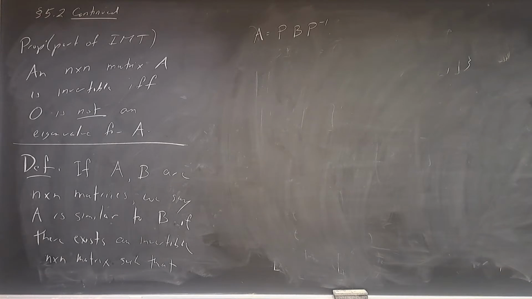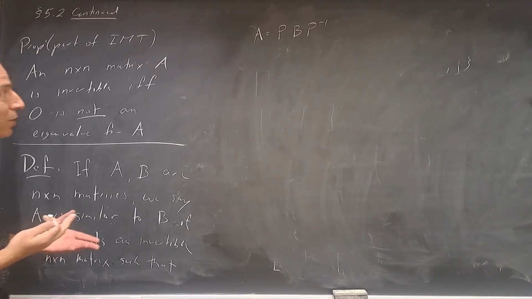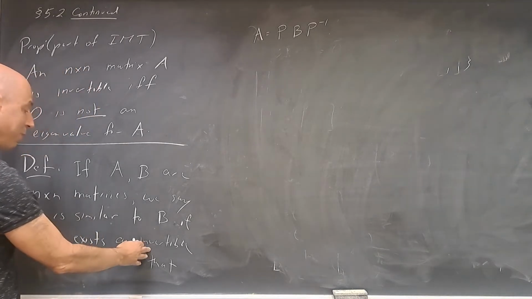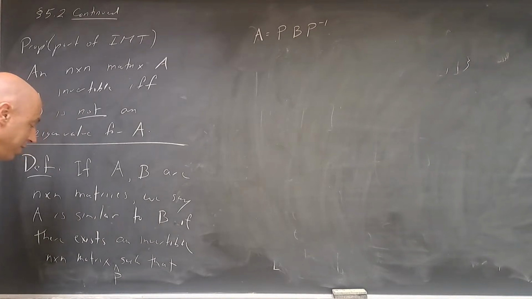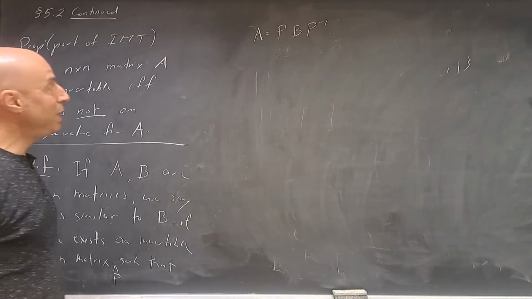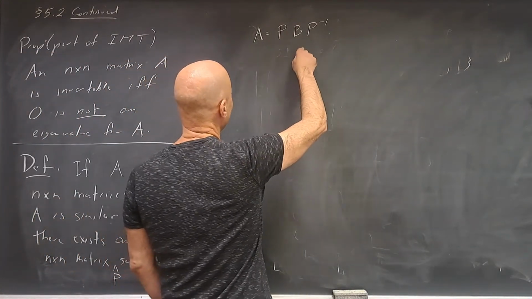So for one thing, if A is similar to B, then B is similar to A. So we have an invertible matrix P such that A equals PBP inverse. We could have gone the other way around.